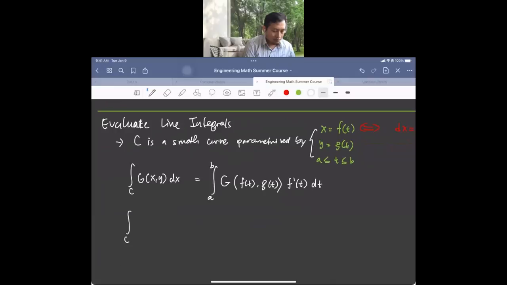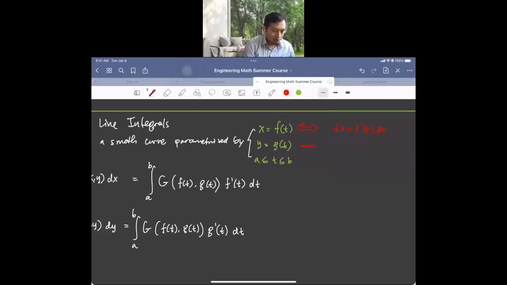And the other condition, if we want to evaluate with respect to y, dy becomes g prime t dt. We can also look at here that dy is g prime t dt.